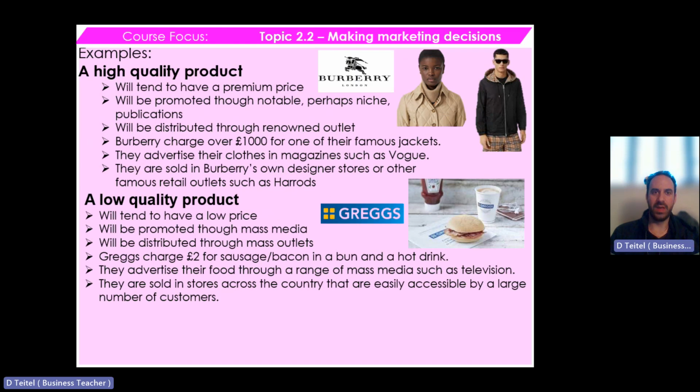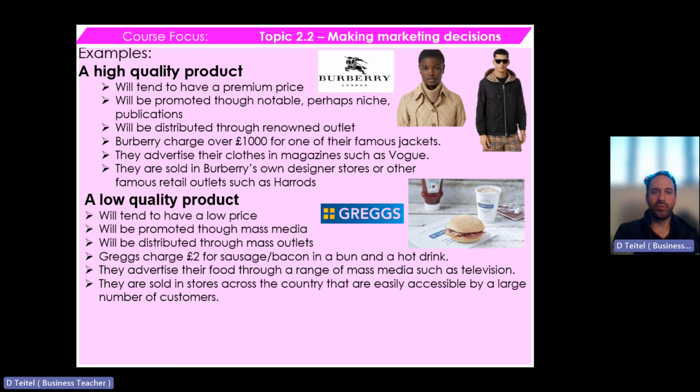So here are some examples. A high quality product will tend to have a premium price. We promote it through notable, perhaps niche publications. So when you start thinking about some of the high-end fashion magazines, think of the types of things you might see in Vogue or Men's Fitness, compared to the sort of trashy magazines that you see readily available at the supermarket checkouts.